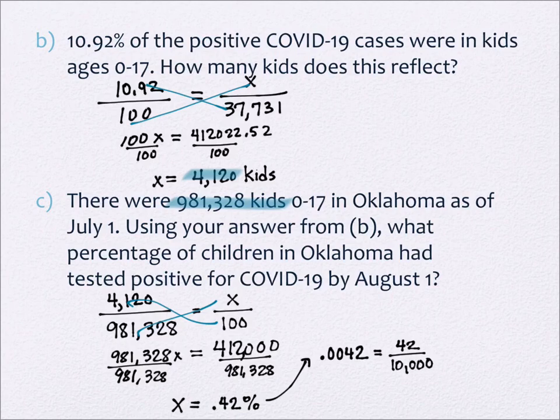So out of 10,000 children, 42 had COVID, or you could say approximately 4 out of every 1,000, if you want to think about it that way, a little bit smaller numbers to work with. It was very, very, very small. And we were making decisions as a population based on this set of numbers.